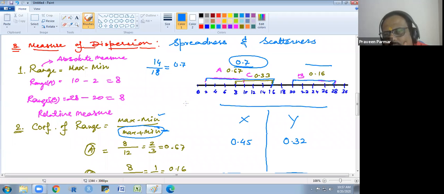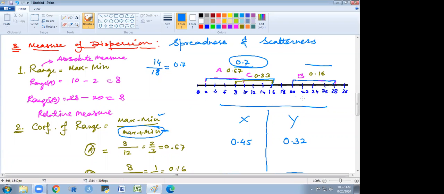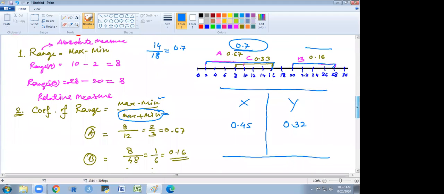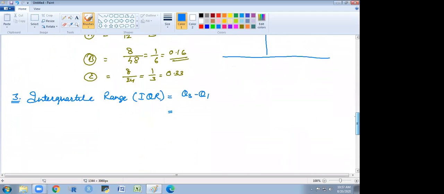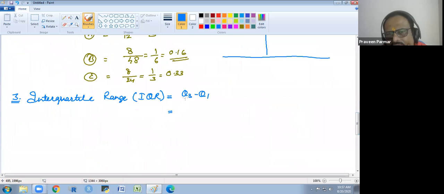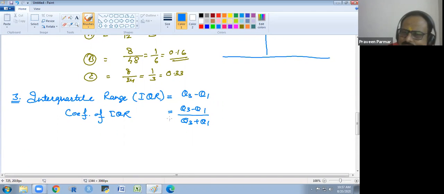So the same thing will follow here. The interquartile range is this much, and there is a coefficient of interquartile range. I will not talk too much about it because it is just like a range. It is Q3 minus Q1 over Q3 plus Q1. Is it clear?